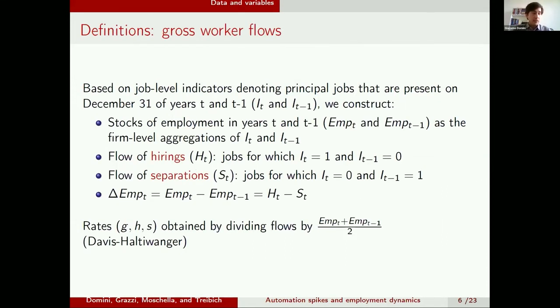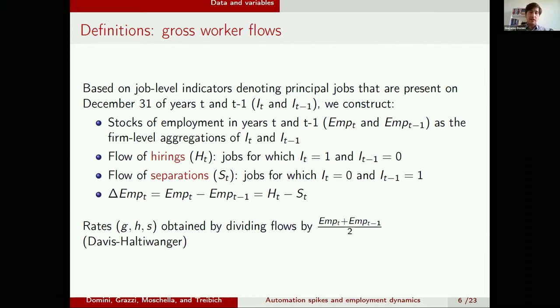So now let me take a few minutes to explain the main variables of our analysis, starting from the gross worker flows. As I said, we do not just look at the net variation of employment in firms, but we're able to decompose this into the gross worker flows of hiring and separation. And we can do that based on the structure of the DADS Post database, which contains information on all workers that are present in French firms, either this year, T, or last year, T-1.